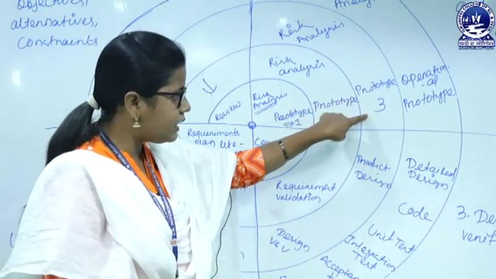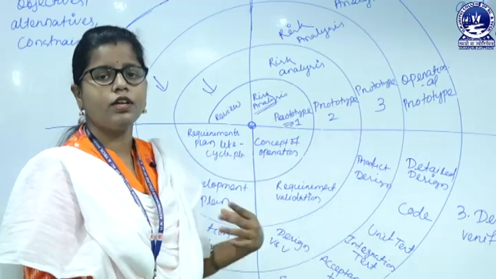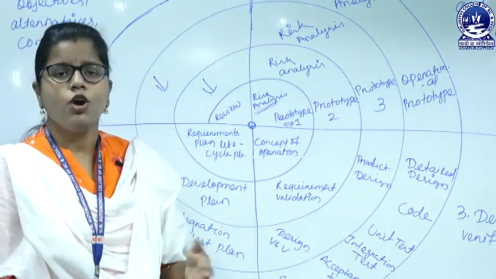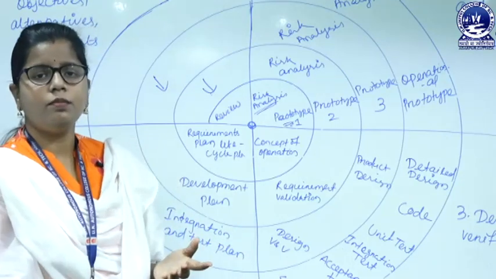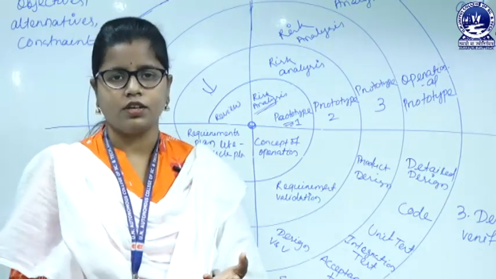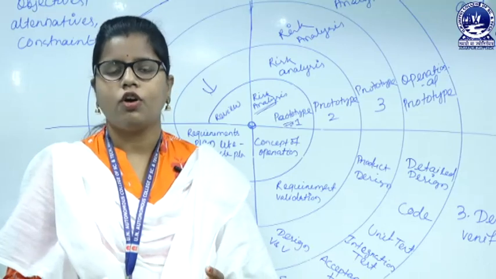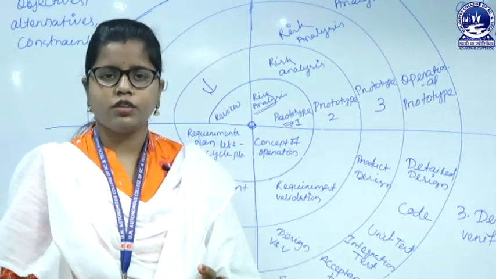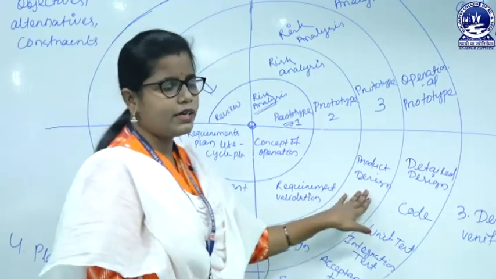Then after getting prototype 3, we will go for product design. That means we are going to develop the system architecture, the context level graph or the system diagram or whatever it may be, we are going to develop the product design.